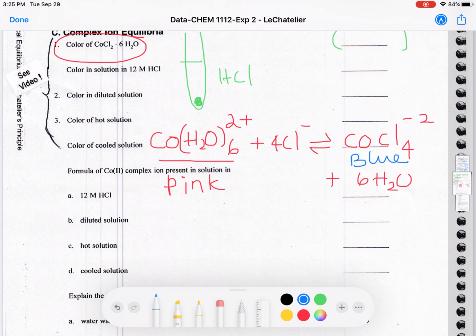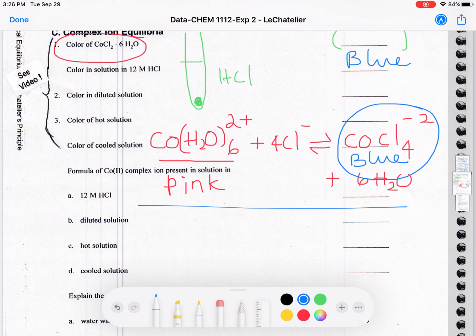Notice a solid form, cobalt chloride is magenta in color, but when you add hydrochloric acid, it exists in this form, cobalt chloride. So that is why you see the color in solution, 12 molar hydrochloric acid. You will see, watch the video also, it would be blue in color. And this equilibrium is given in your textbook.